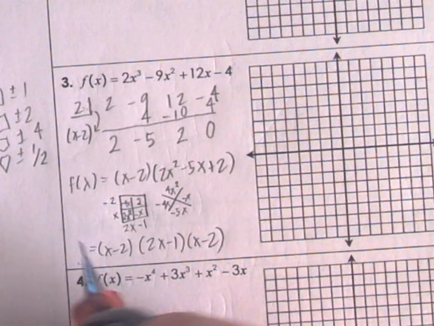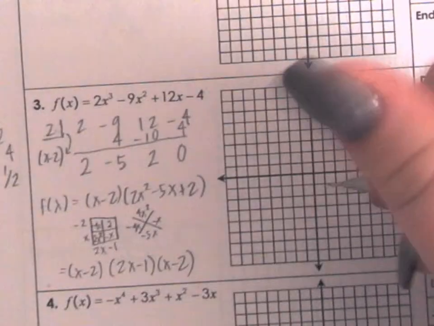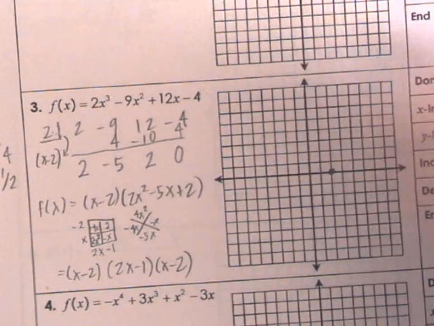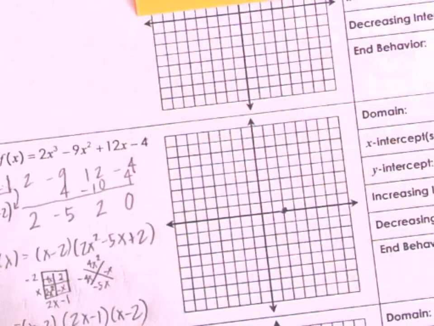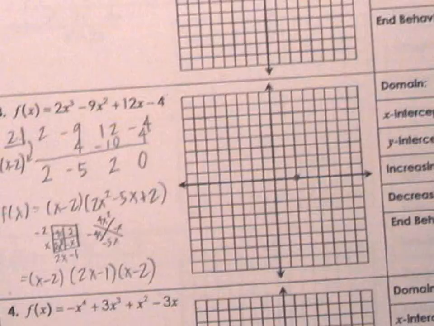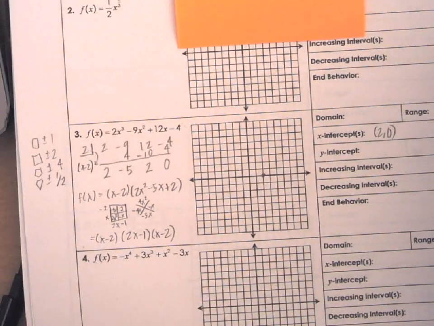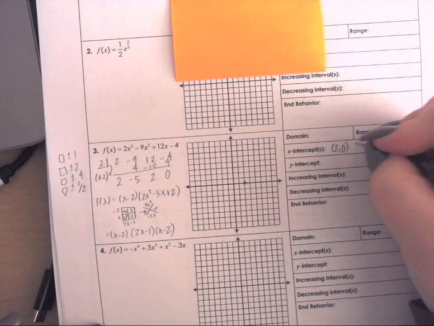So because we have a 0 at 2, you have an x-intercept at (2, 0), which we found right away, and then another one, sorry, let me zoom out, another one at 1/2 from here.